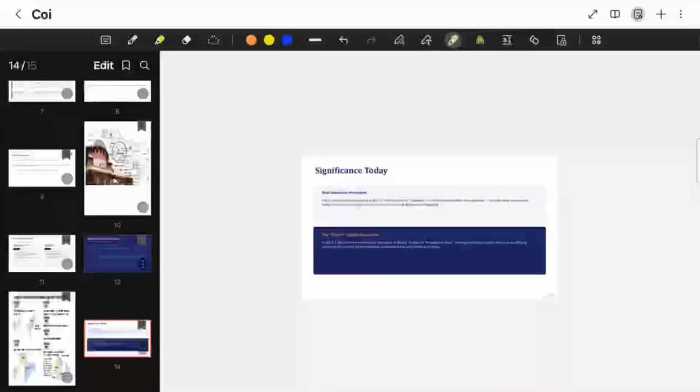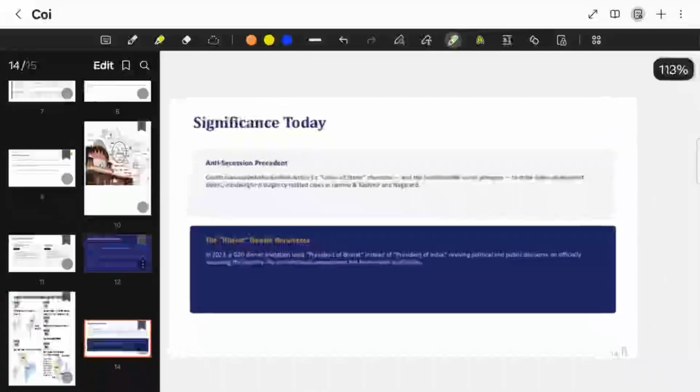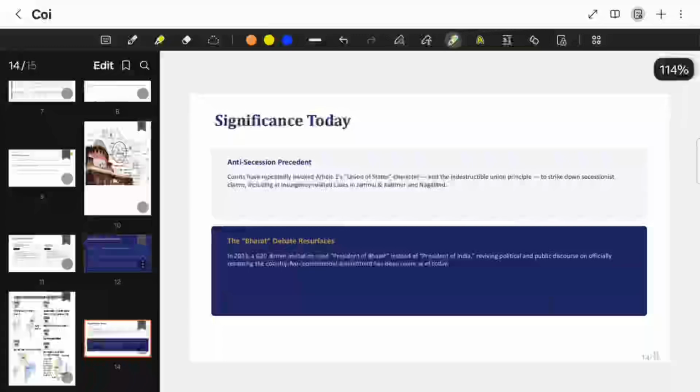The relevance of these articles is seen today, as courts have recently used the principle of Article 1's indestructible union to strike down secessionist arguments, including insurgency-related cases from Jammu and Kashmir and Nagaland. It is one of the most important constitutional foundations used to say no region can legally break away from India.